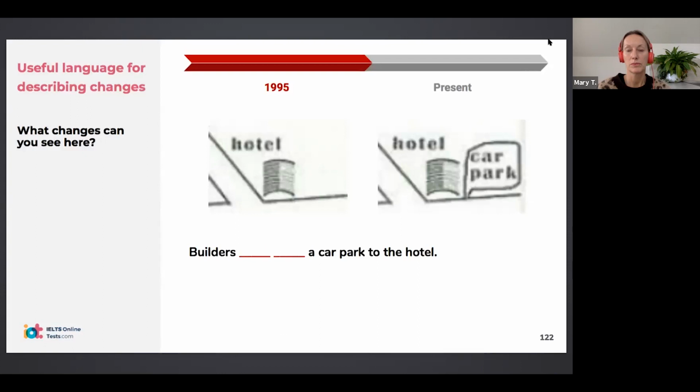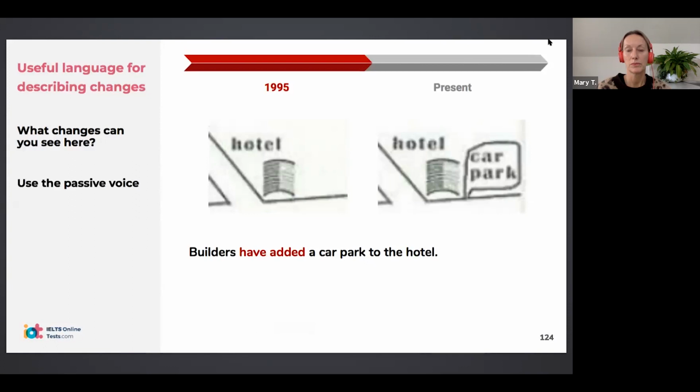Added, removed. Okay, you're all saying different things. Think about the tense. Remember, it's 1995 and present, so which tense is it? Have built, yes. So it could be have built or have added. Because you're comparing past with now, it has to be present perfect when you're talking about changes in this type of task.